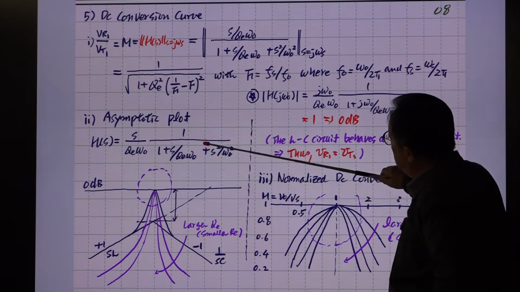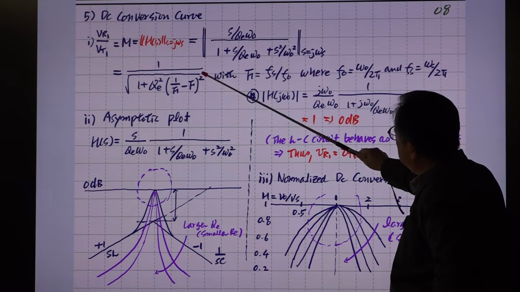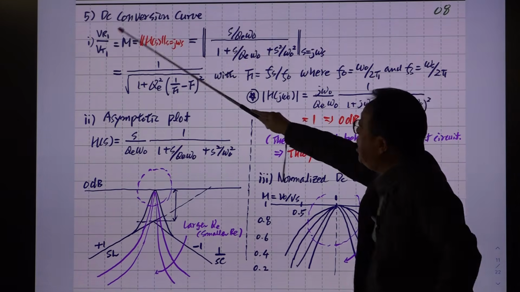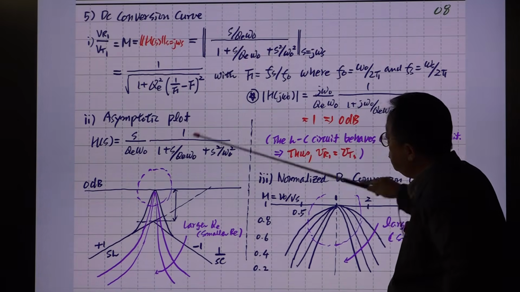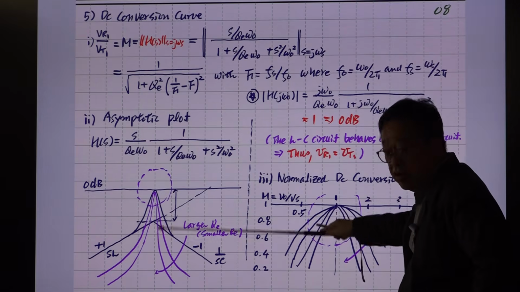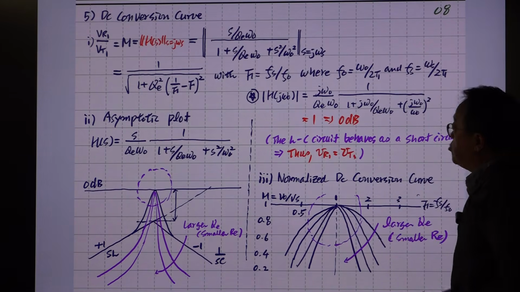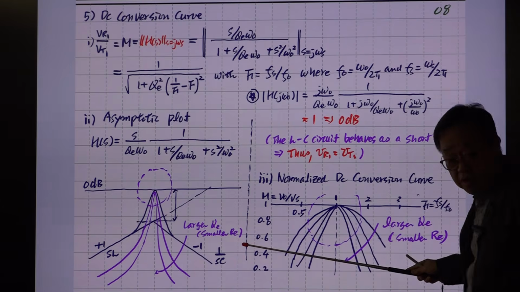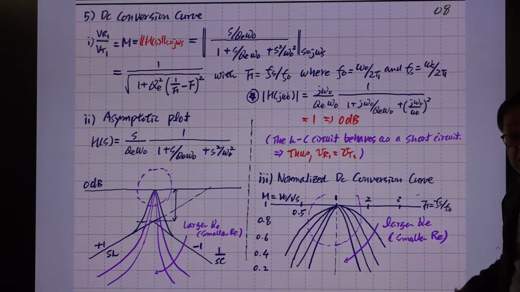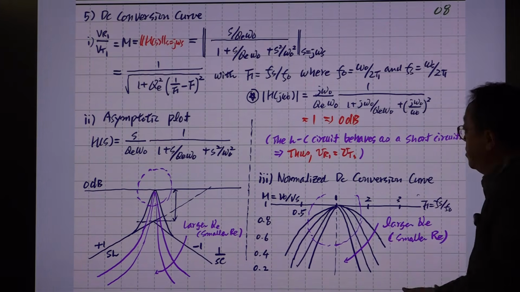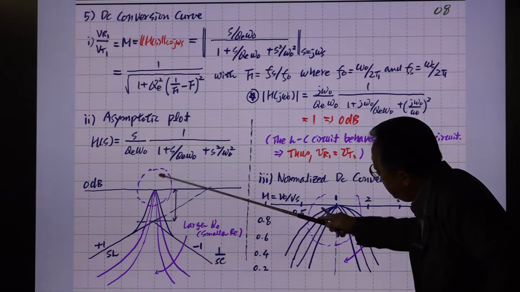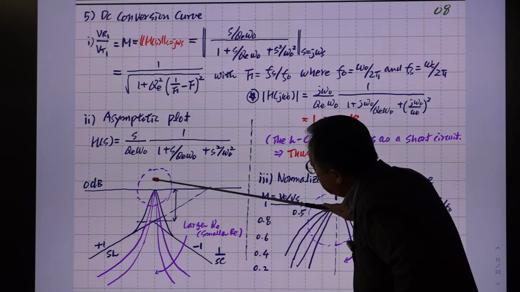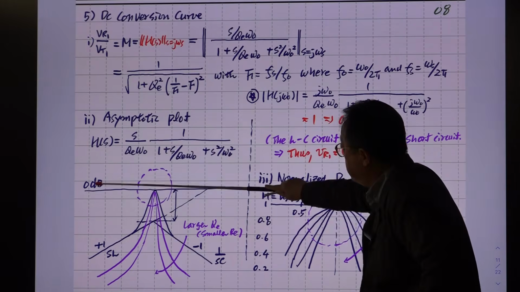This is the plot of the DC in, DC out gain, which is the same as this transfer function magnitude, shown here. For larger Q, which means R is small, it works as a better tank circuit, and then this will be sharp. And at this resonant frequency, the gain is always unity, the 0 dB line.